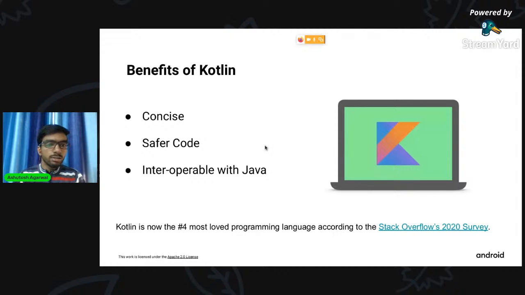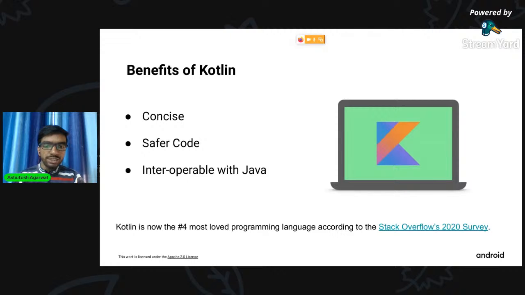And the third and most important benefit of Kotlin is that it is interoperable with Java. If we have an app written in Java and we want to add more functionality, do we have to write all the code in Kotlin? No, we don't.